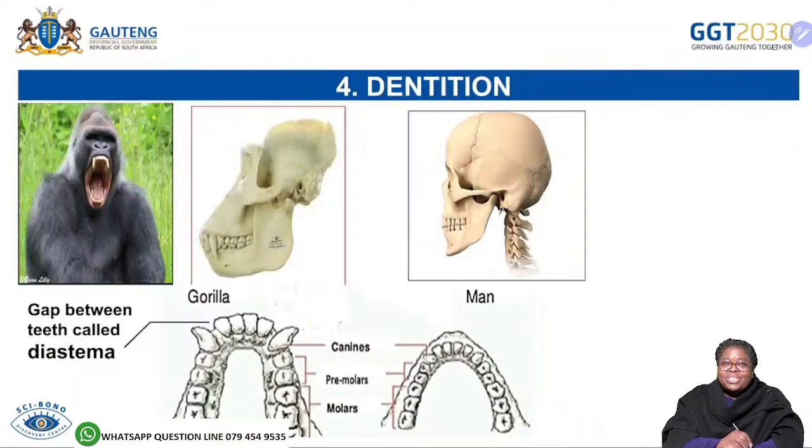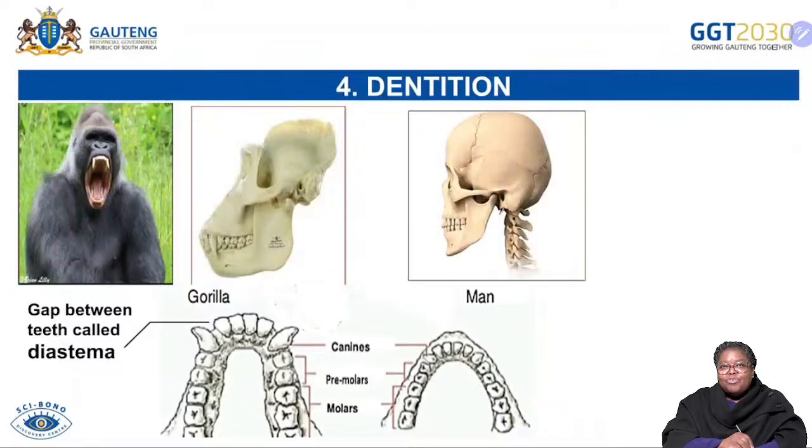Now, when it comes to dentition, each time when you talk about dentition, think of teeth. You should be knowing your dental formula by now. Now, with dentition, in terms of the gorilla, remember we've said it has got gaps in between the teeth. Now, those gaps, we call them the diastema.